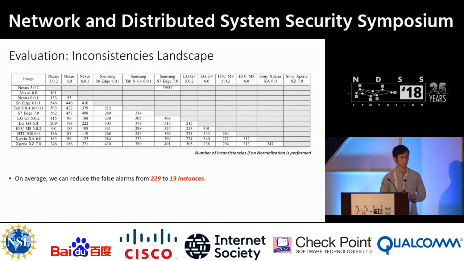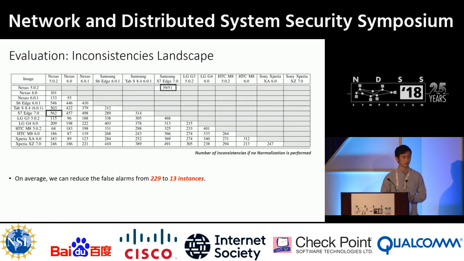Last, we want to show that the previous results are after normalization. To demonstrate the usefulness of our normalization process, we also report the number before doing normalization. You can see, for example, when comparing S7H with Nexus 5X, before normalization, the reported inconsistencies reached a tremendous number of 562.